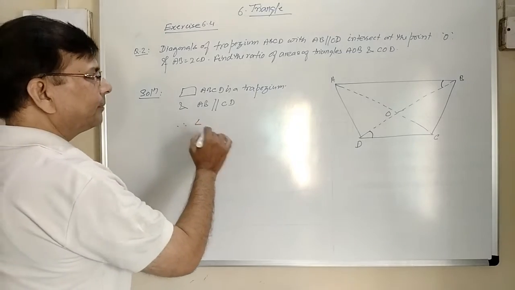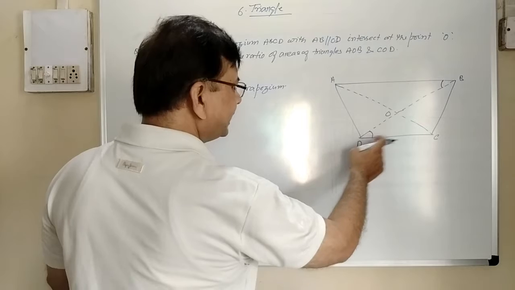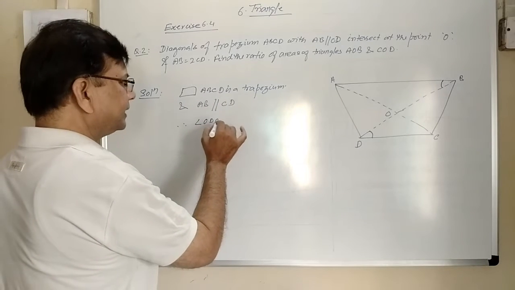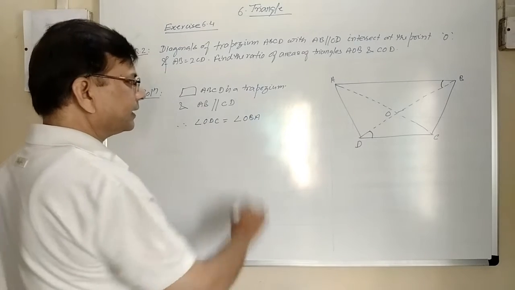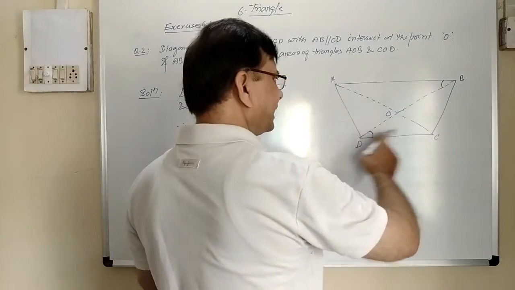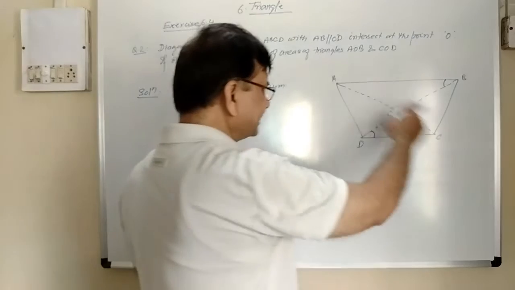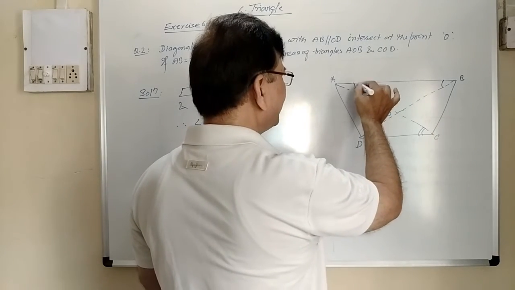Therefore, angle BDO, or we can write ODC, angle ODC is equal to angle OBA. Similarly, AB and DC, these sides are parallel, and AC is a transversal, so these alternate angles will be equal.